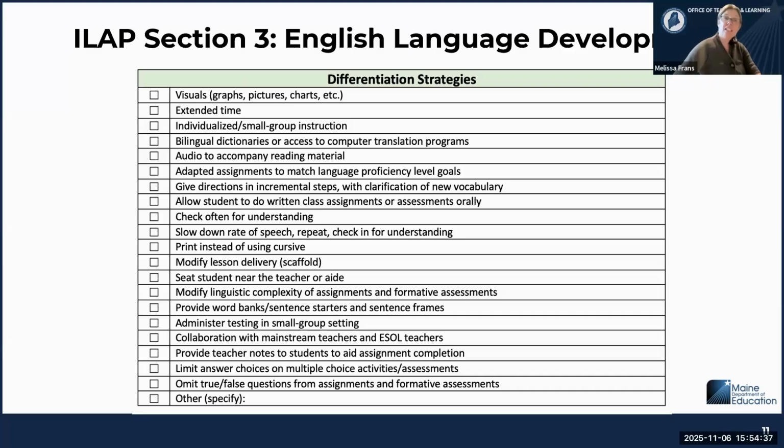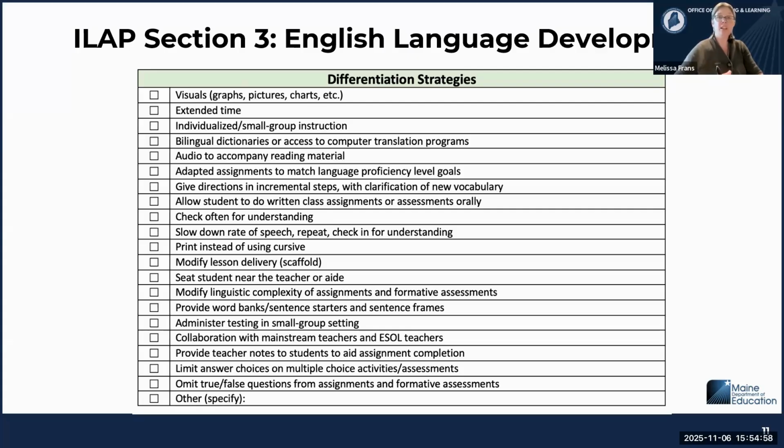So looking at the next section, Section 3, English Language Development differentiation strategies. And I know sometimes, for those of you using Elevate, which we do in Portland, we use Elevate to create our language plans. They call them classroom accommodations.